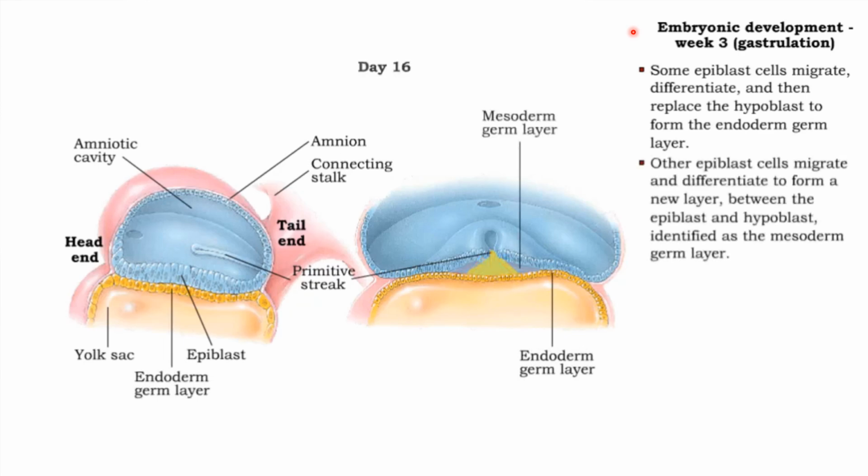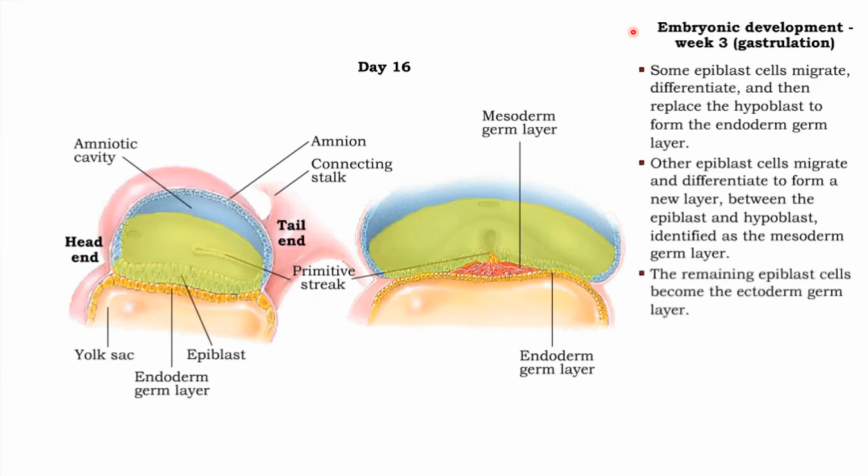Other epiblast cells migrate and differentiate to form a new layer between the epiblast and hypoblast, identified as the mesoderm germ layer. The remaining epiblast cells become the ectoderm germ layer.